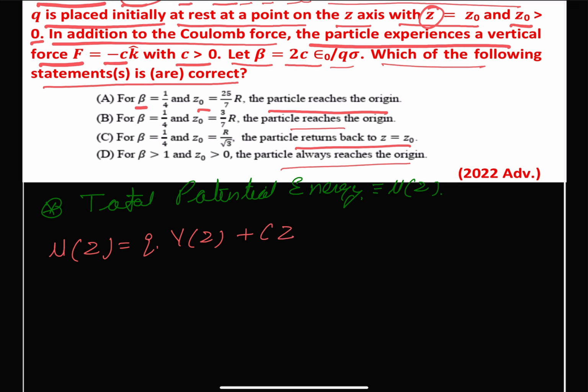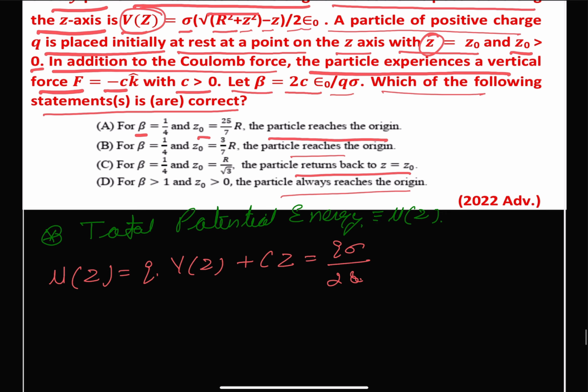V of z we already know, we substitute it, and we get this as q sigma divided by 2 epsilon naught, times square root of R square plus z square minus z, and this way we have plus c z.